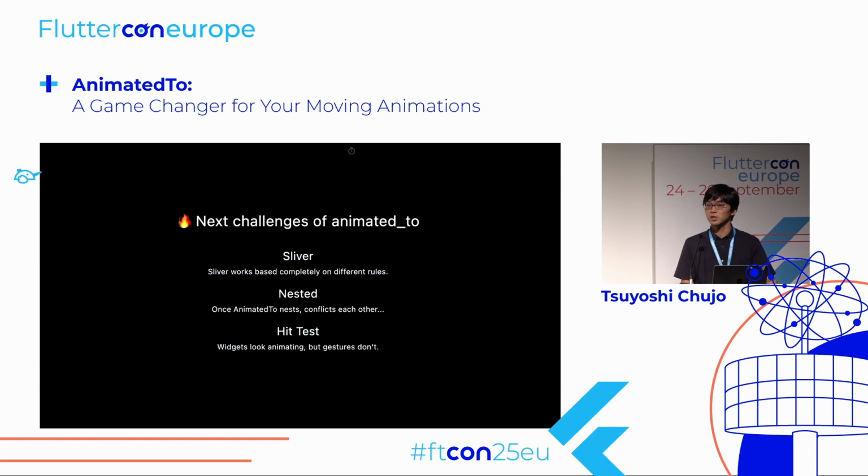The animated package cannot detect the layout calculation inside the sliver, because in the Flutter framework, the layout calculation rule of the sliver, which is the sliver of list view, and the normal ordinary widgets like container or size box or center or some others are totally different. So they are based on totally different layout calculation rules, and animated cannot manage the sliver version of layout calculation.